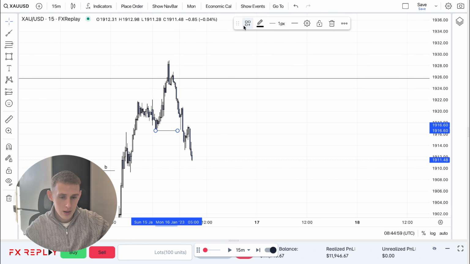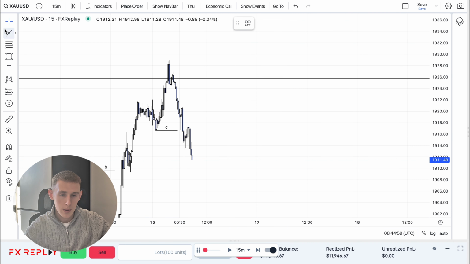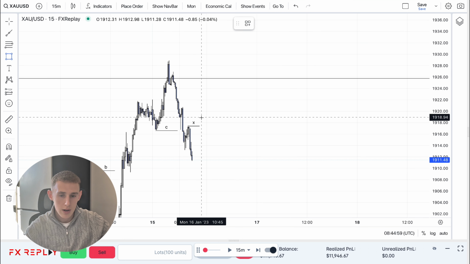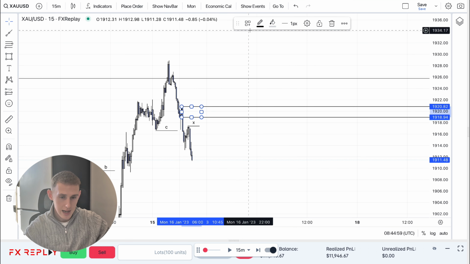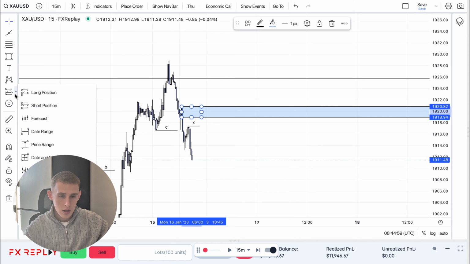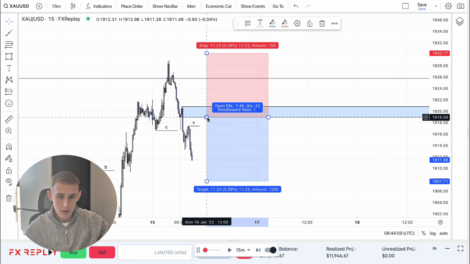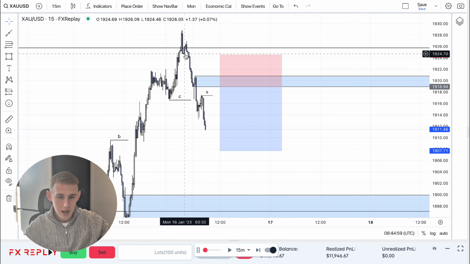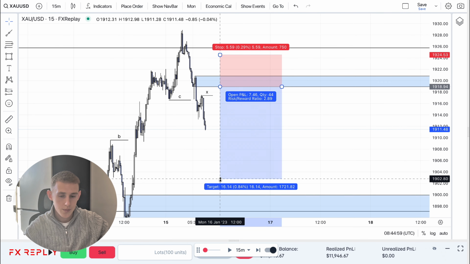We have some liquidity for price to take out there. We have imbalanced supply. All of our confluences are there, so we can set a limit.